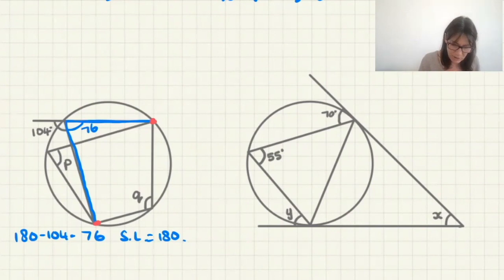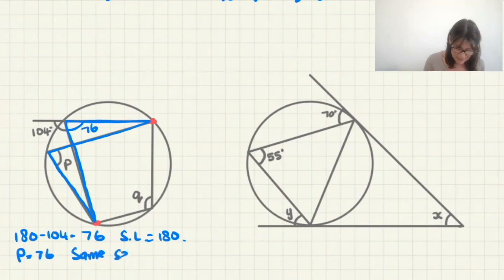You can also move from those points here and here to go to another angle in the same segment. So P has to equal 76 using the same segment theorem. Just going to bring that up a little bit.